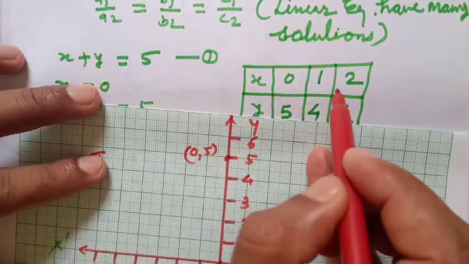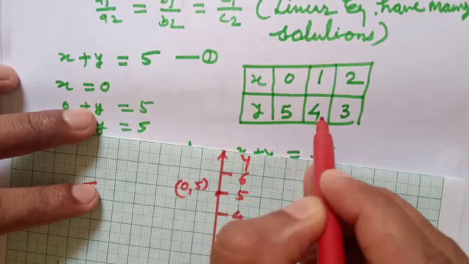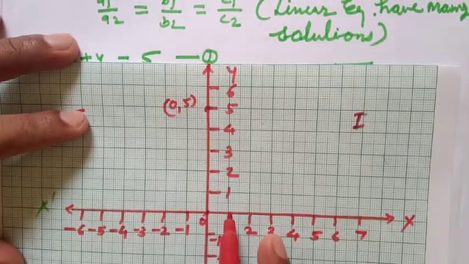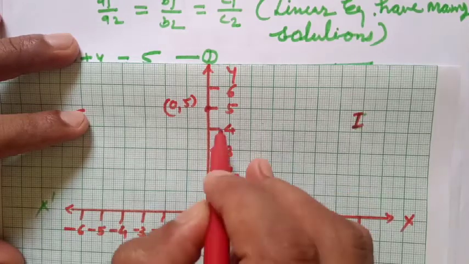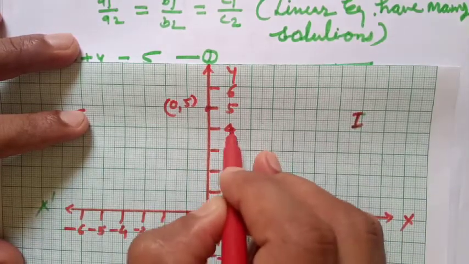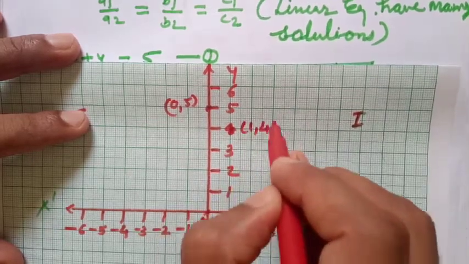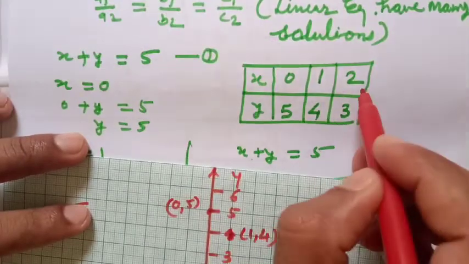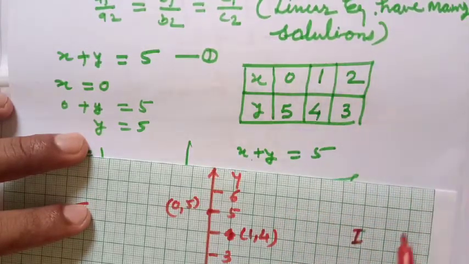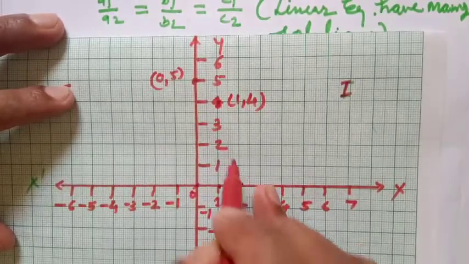Now x is equal to 1, then the corresponding value of y is equal to 4. So the point will be here, this point: (1, 4). If x is equal to 2, y will be 3.